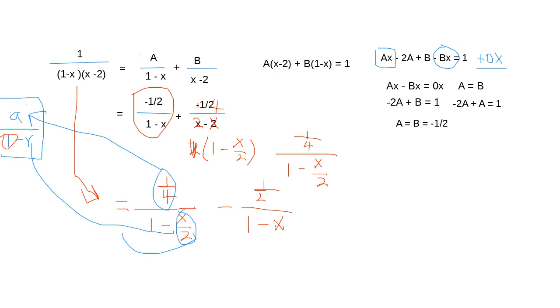Which means the absolute value of x is less than 2. So the radius of convergence for this one is from negative 2 to 2.